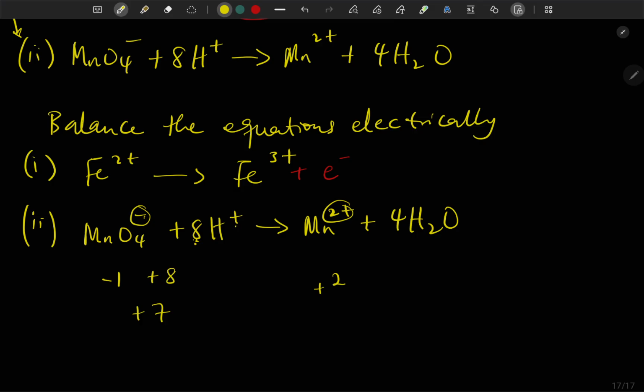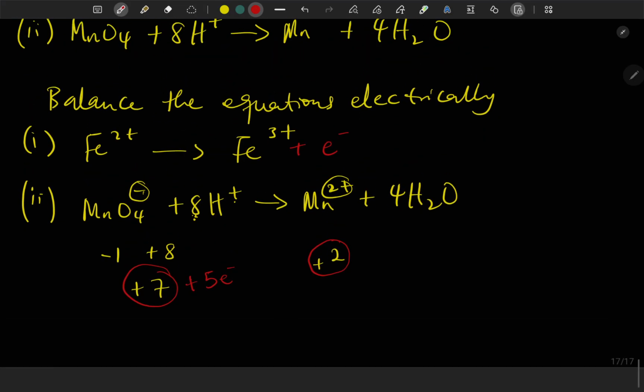So which means that at the left hand side, we have a total of plus 7 charge, while at the right hand side, we have a total of plus 2 charge. So how many electrons do you think we are going to add to this left hand side to reduce it to plus 2? Yeah, we're going to add 5 electrons, because remember that electrons are negatively charged.